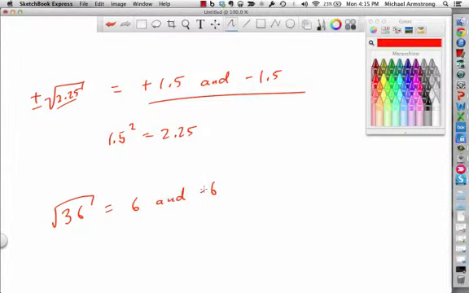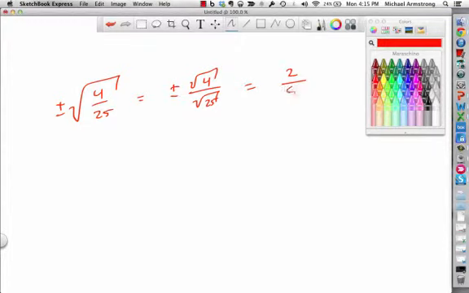It's really important that when you see these fractionals, plus or minus the square root of 4 over 25, you have to remember that that's kind of like plus or minus the square root of 4 over the square root of 25. And the square root of 4 is 2, and the square root of 25 is 5. So you've got plus and minus. So there's two answers. You can see that there.